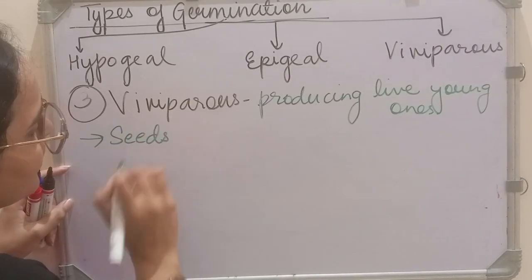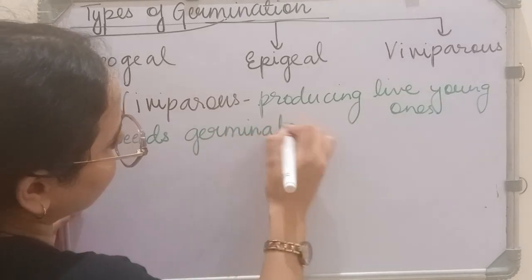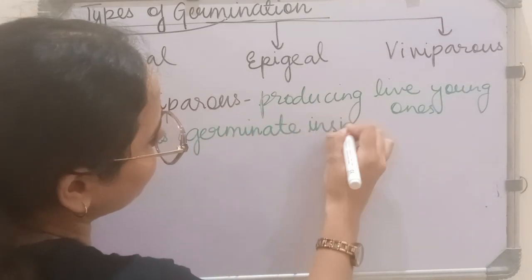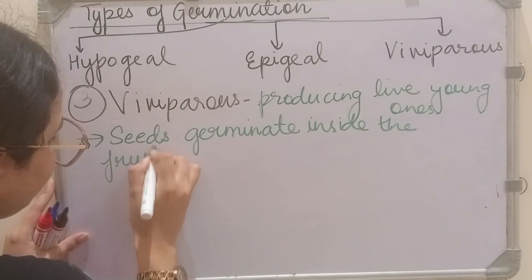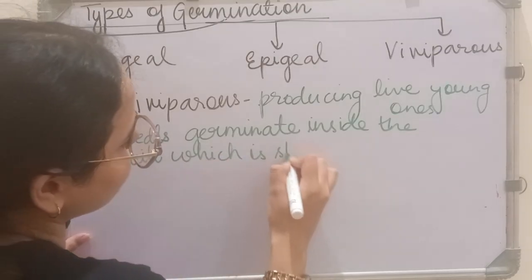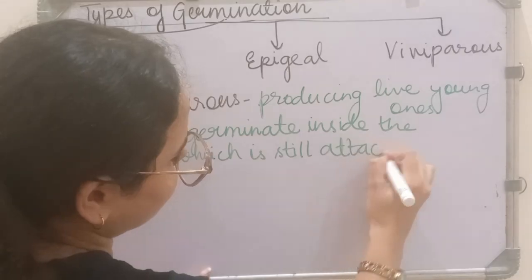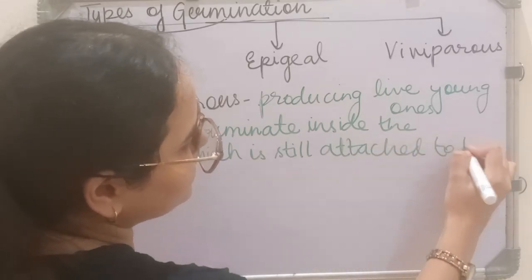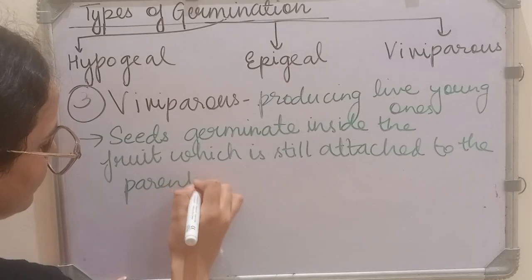Seeds germinate inside the fruit which is still attached to the parent plant.